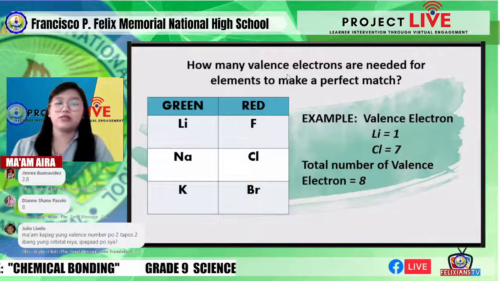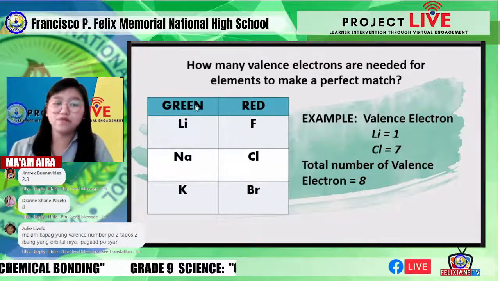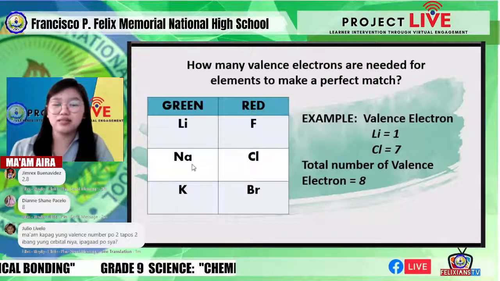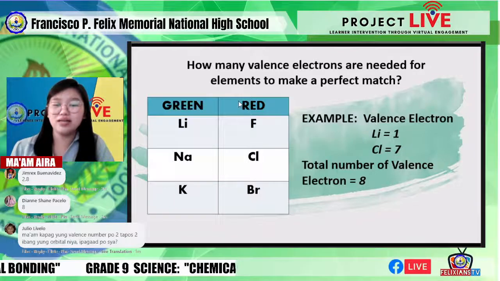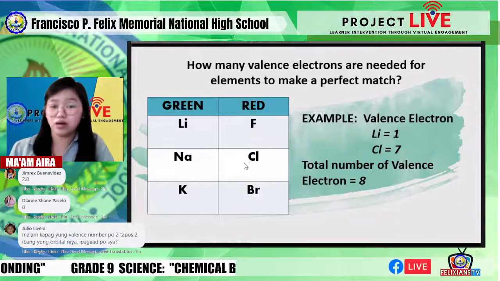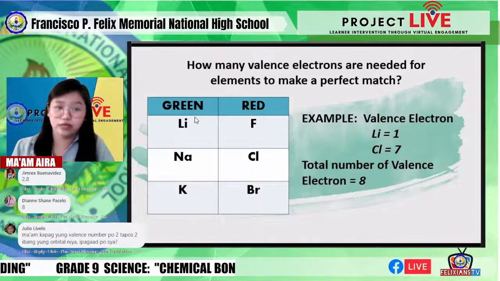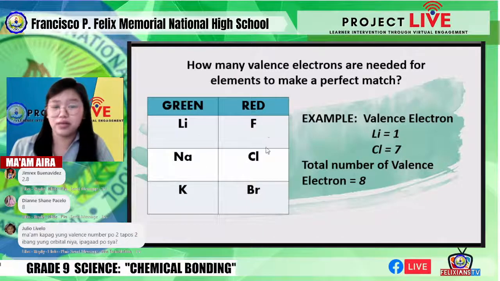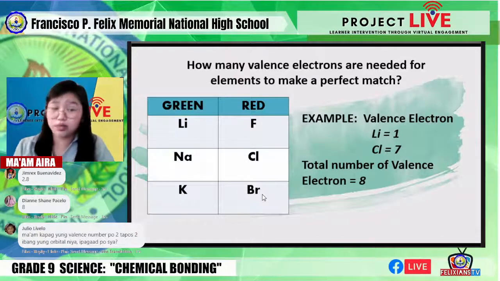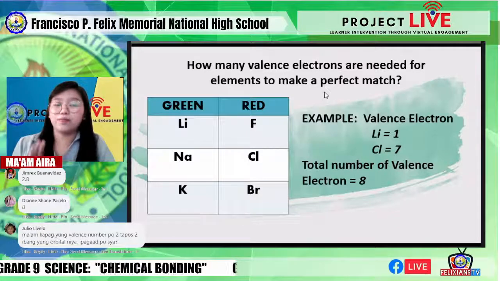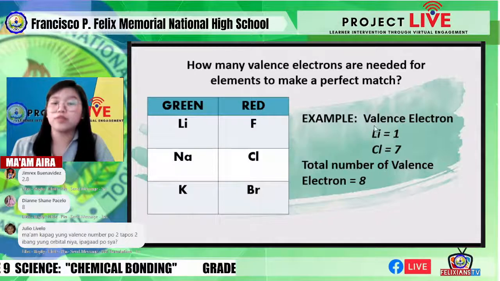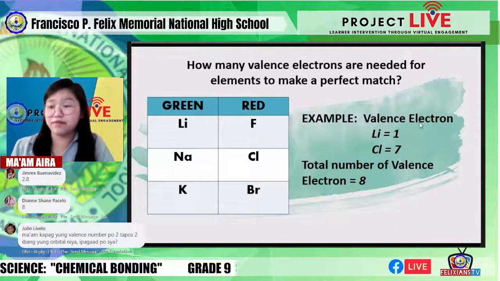To answer this, you have to pick one element on the green column and one element on the red column. Any of your choice among the three elements in green and the three elements in red. Any combination you can choose. Then, after that, you will identify the valence electron.